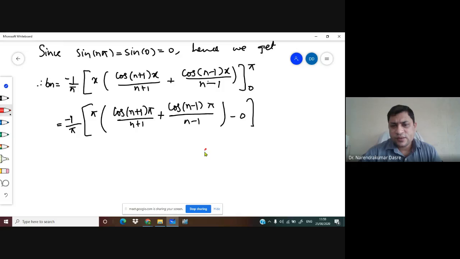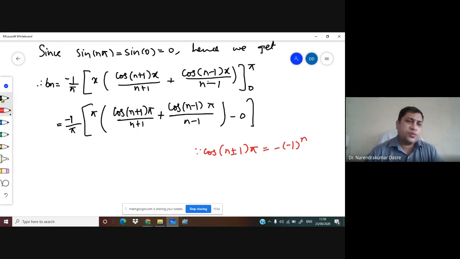Now question is, what is the value of this cos of n plus or minus 1 pi? So what we know is cos of n plus or minus 1 pi, this is minus times minus 1 raised to n. Okay, so please be careful, don't make it plus, because this is minus 1 n times, and this is minus of minus 1 raised to n. Okay, so we have to be careful, and hence this is equal to minus 1 upon pi.